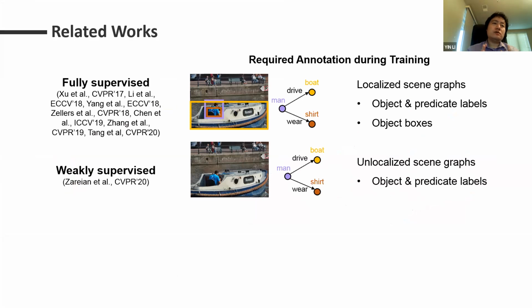There's also a recent paper in CVPR 2020 that looks at a weakly supervised setting, where during training the model is presented with only the image and an unlocalized scene graph. The caveat is that someone still has to annotate the scene graph from the image data. It's just that you no longer need the bounding box for each node on the scene graph.